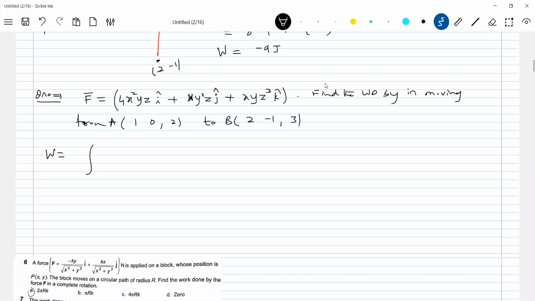So directly, let me go for this. This is the basic formula. From 1 comma 0 comma 2 to 2 comma minus 1 comma 3, F bar dot dr bar. So this will be 4x square yz i cap, x y square z j cap, x y z cube k cap.